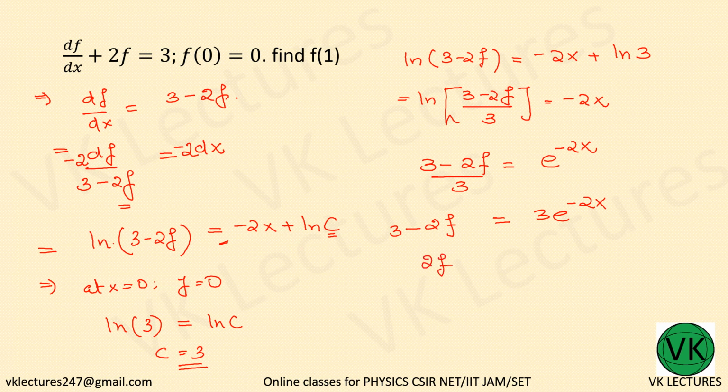2f minus 2f is equal to 3 by 2 e to the power minus 2x.